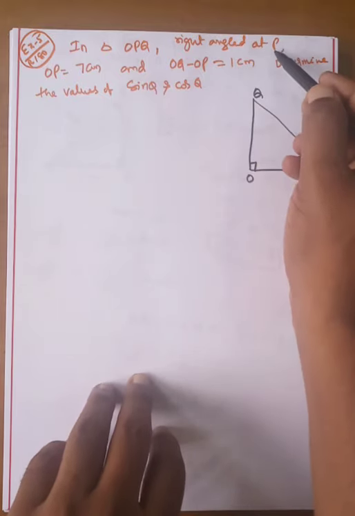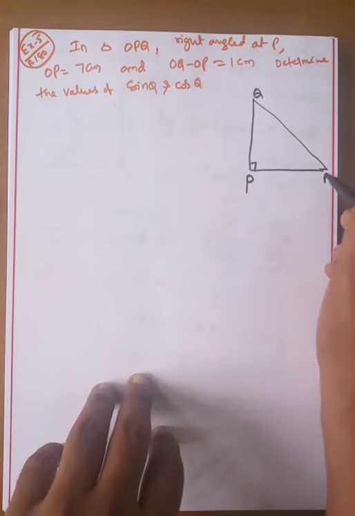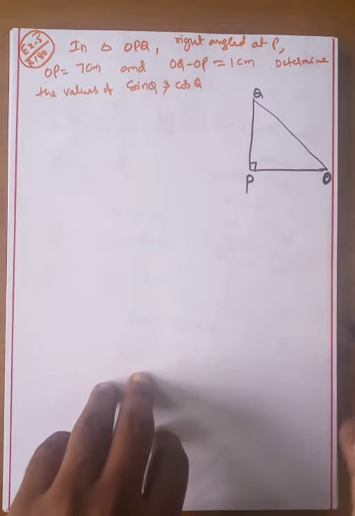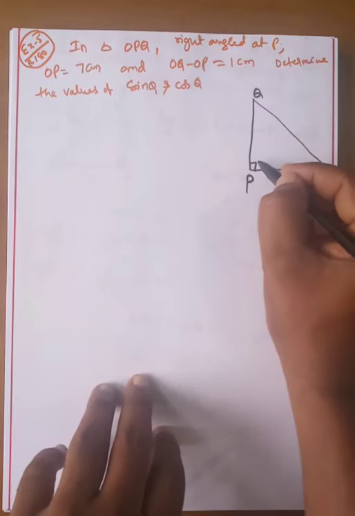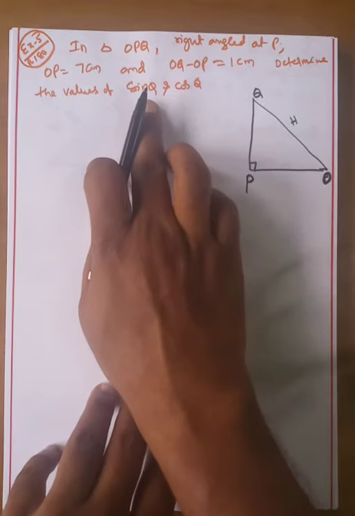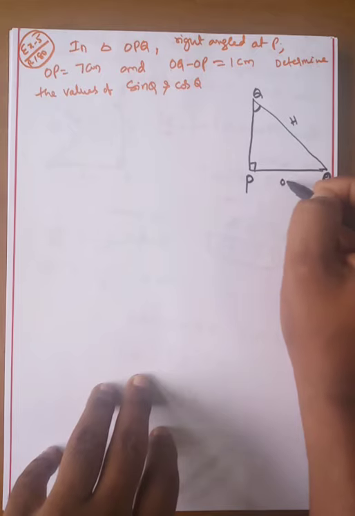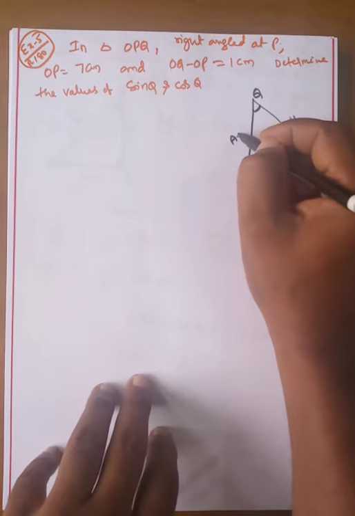Right angle at P, sorry, this is P. Right angle at P is clearly given, and this is 100% the hypotenuse. Now we discuss angle Q. This angle is Q. This is the opposite side and this is the adjacent side.